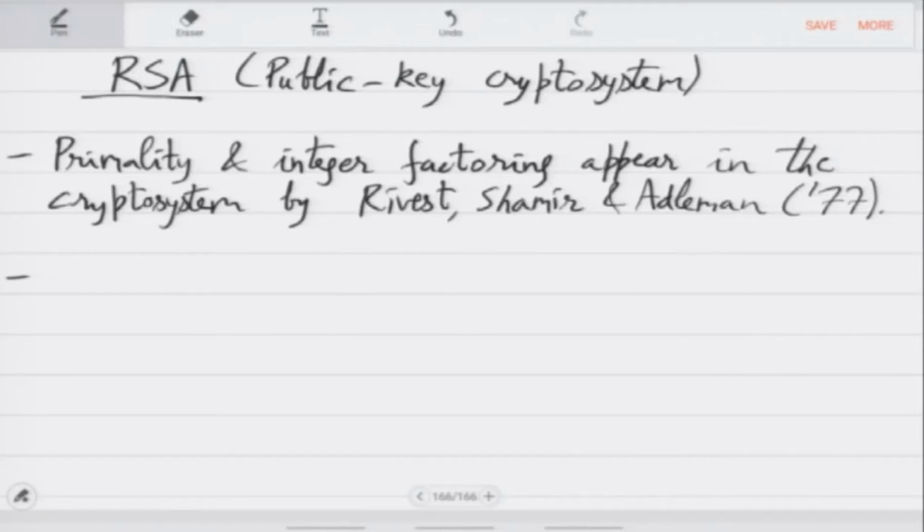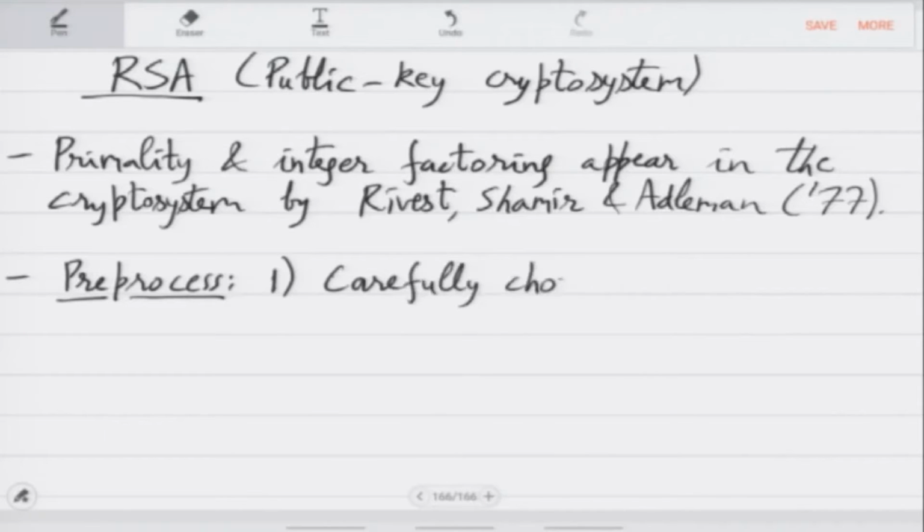Before that, the pre-processing steps are: carefully choose P and Q primes. These will be very large primes, and there will also be some other conditions which you need for the system to be secure.